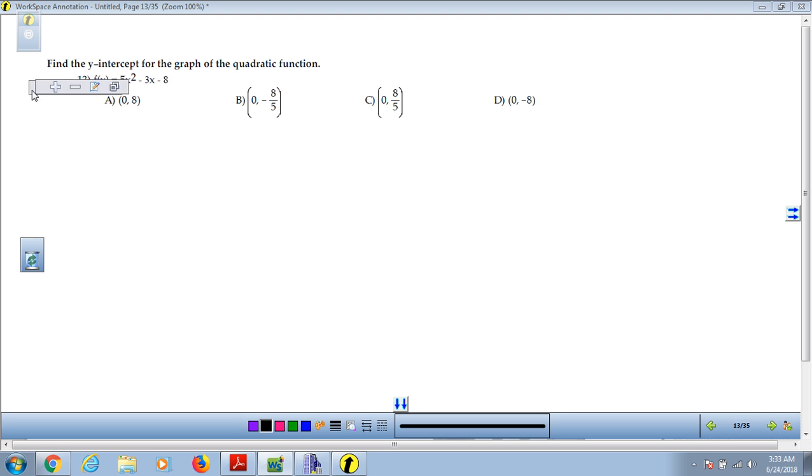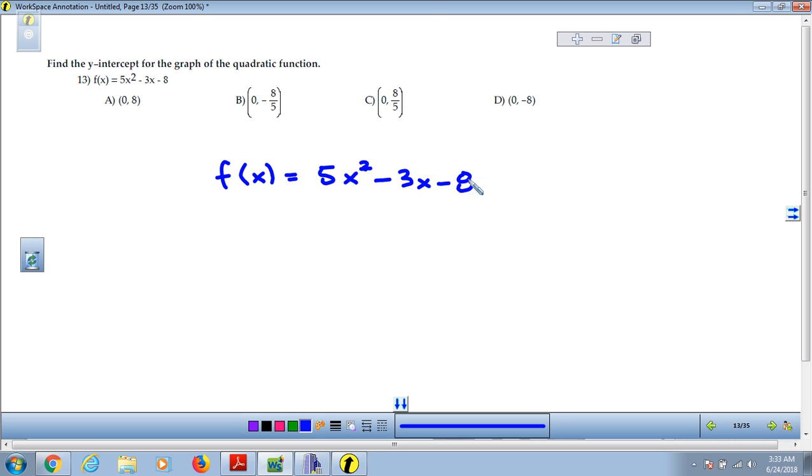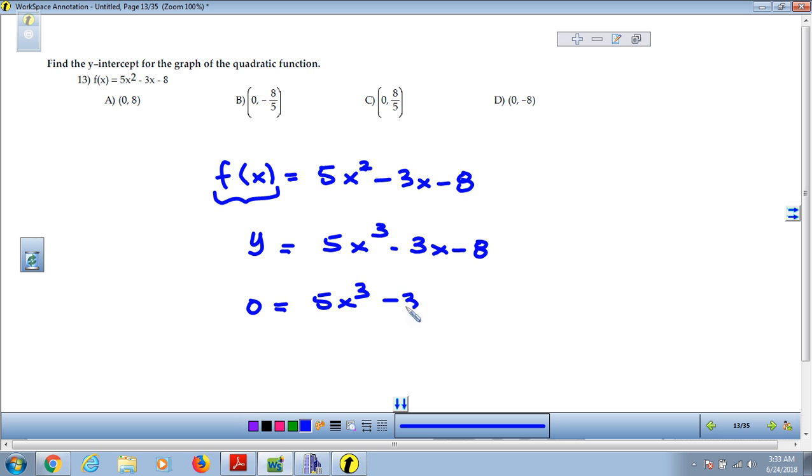Okay, this one. Find the y-intercept for the graph. Okay, so this one's easier. Way easier. To find the y-intercept, remember that you're supposed to set your x equal to 0. So this is my y. So I'm going to put 0 equals 5x to the third minus 3x minus 8.